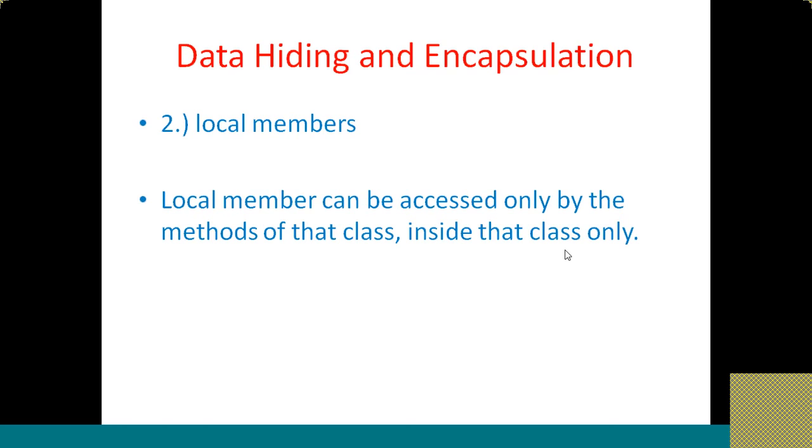I'll just repeat these points. First point is local members can be accessed inside the class only with the help of the same class method. Local members are not visible in its subclasses. Even the object of the same class cannot access the local members of that class. And to access the local members, non-local methods will be used.